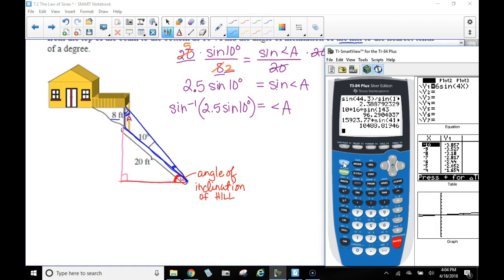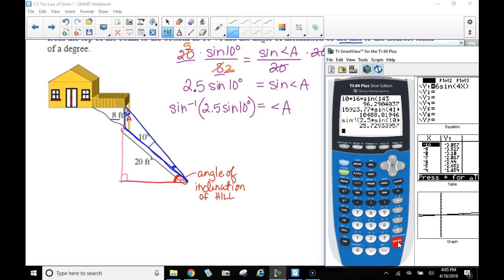I'm going to say what angle has a sine value of 2.5 times the sine of 10 degrees. Close out the 10 degrees, close out the other parenthesis.